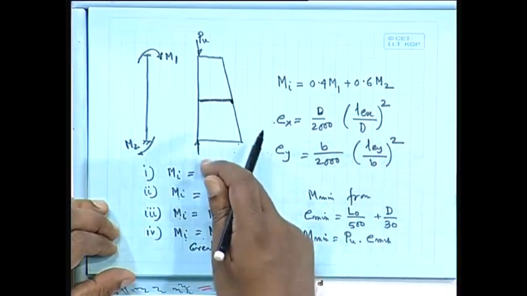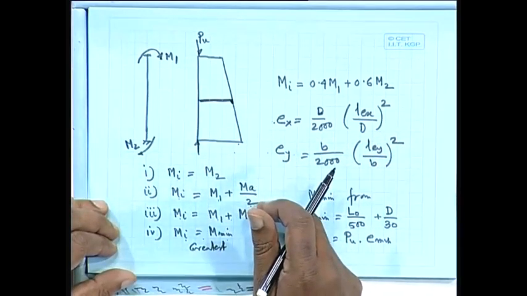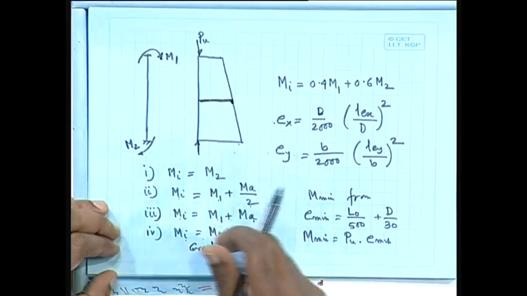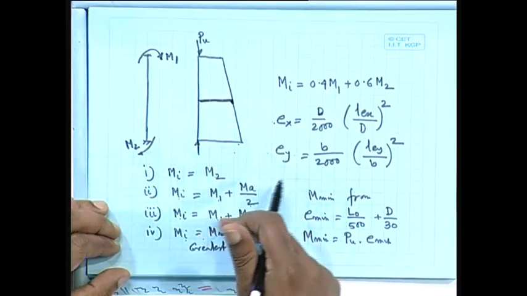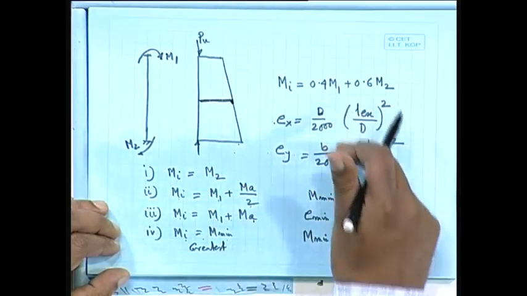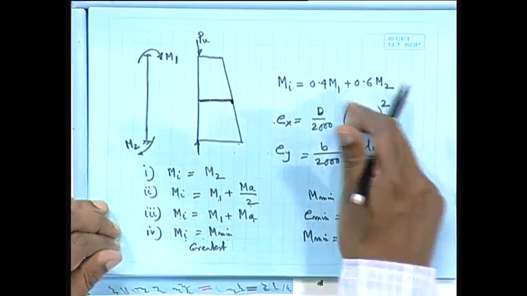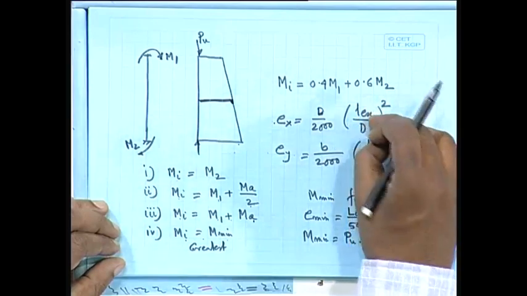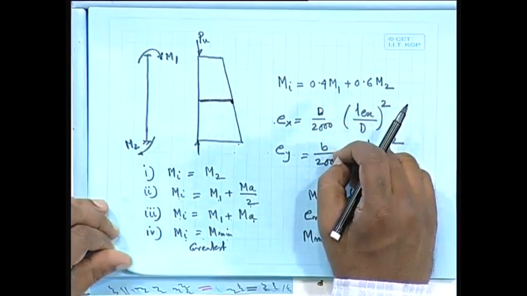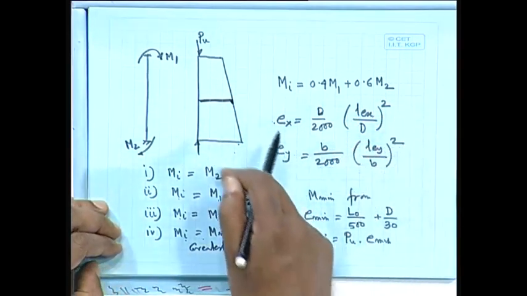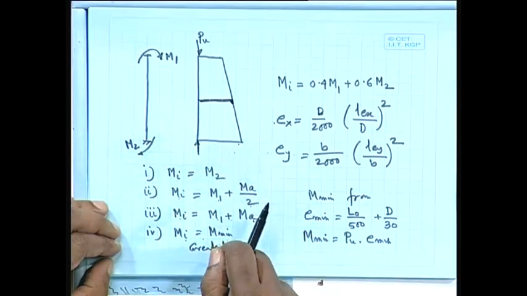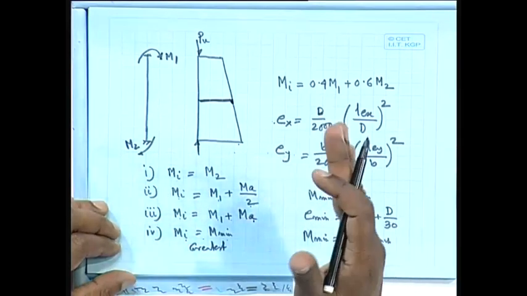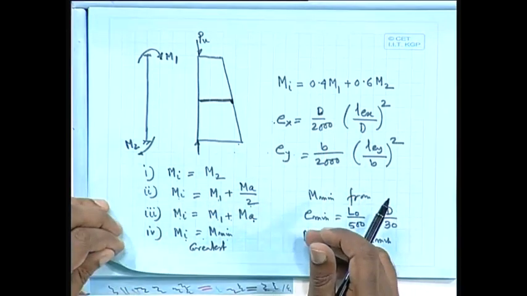But the only thing is, in a slender column, you have to find out how much moment is coming: the applied load and the additional moment due to this eccentricity. Our code gives only this formula from where we can get that additional moment, and that additional moment has to be applied like this. So, out of that we shall get the greatest one, and along X, similarly along Y we shall do the design. And that is all.